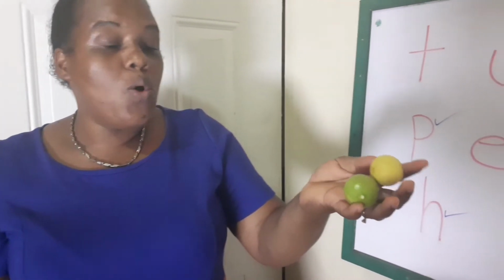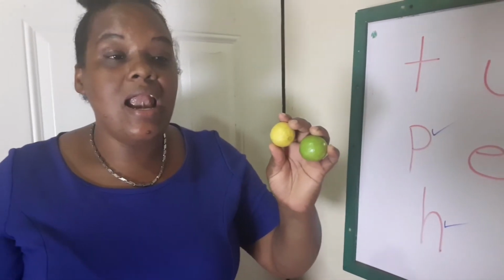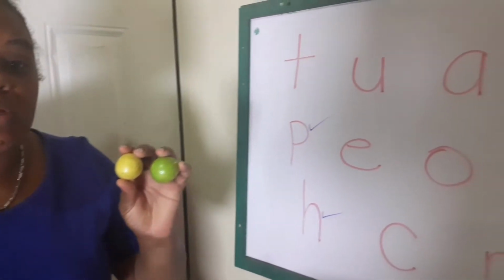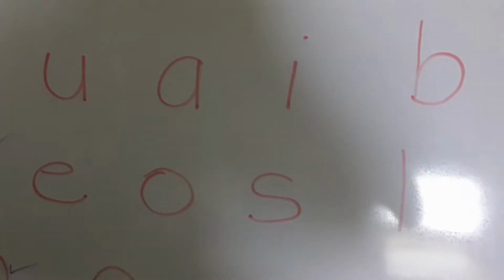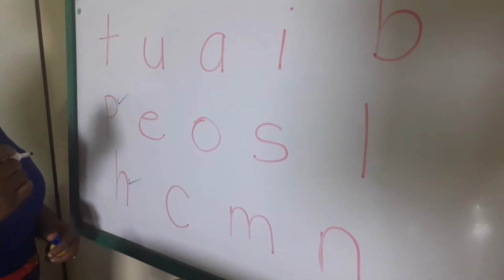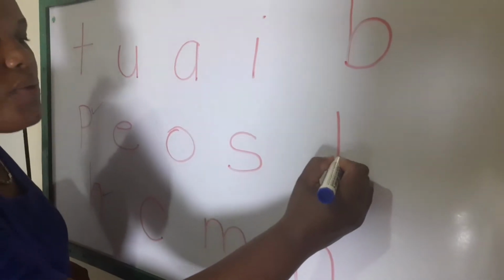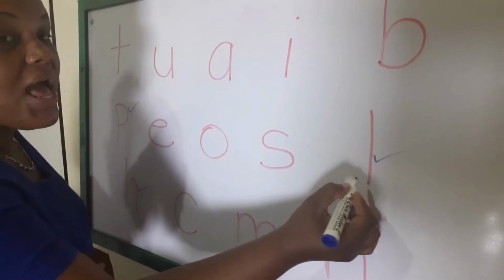And the word lines begin with the L sound. Listen. Lime. Lime. So let's find the letter on the board that begins with the L sound. And if you said L, you are correct.